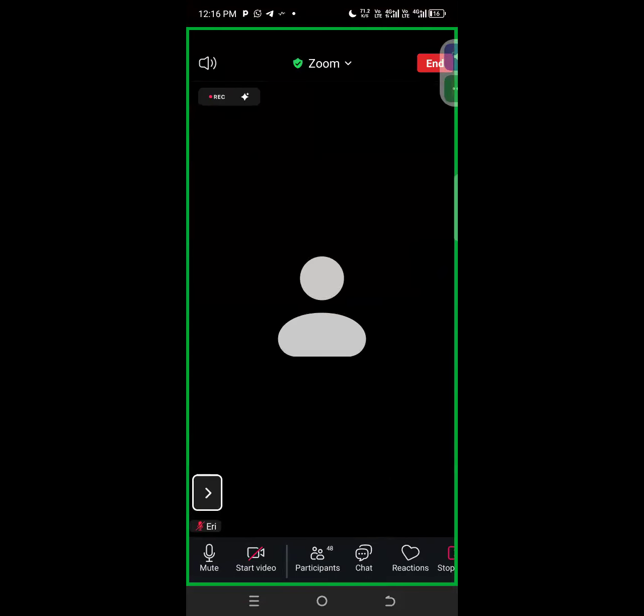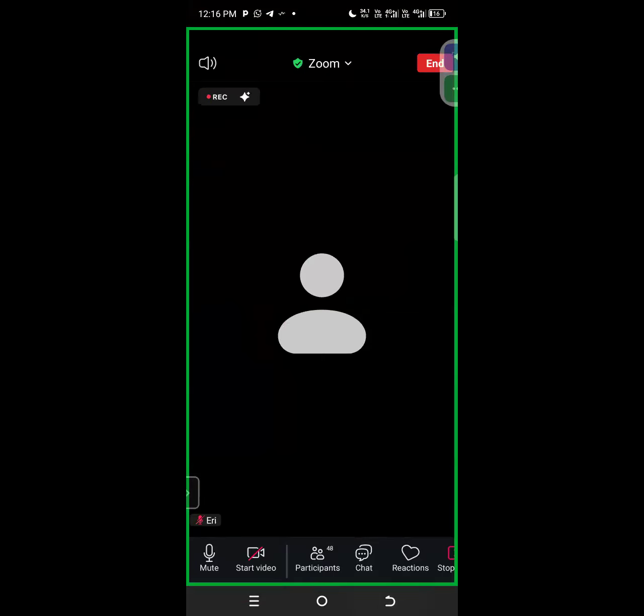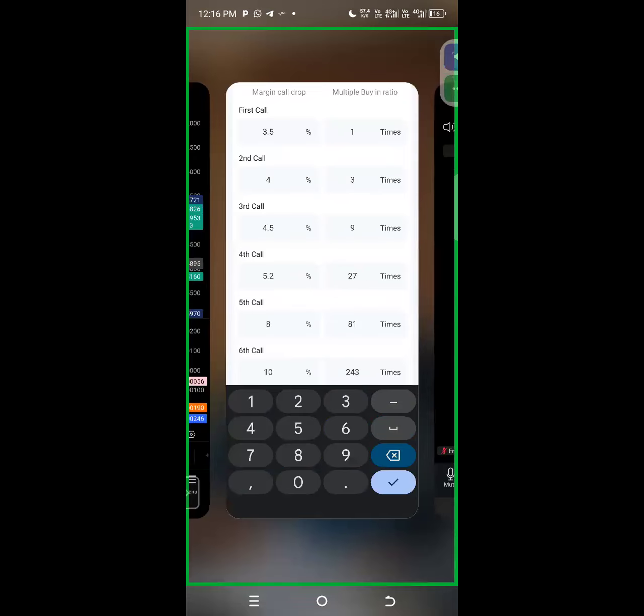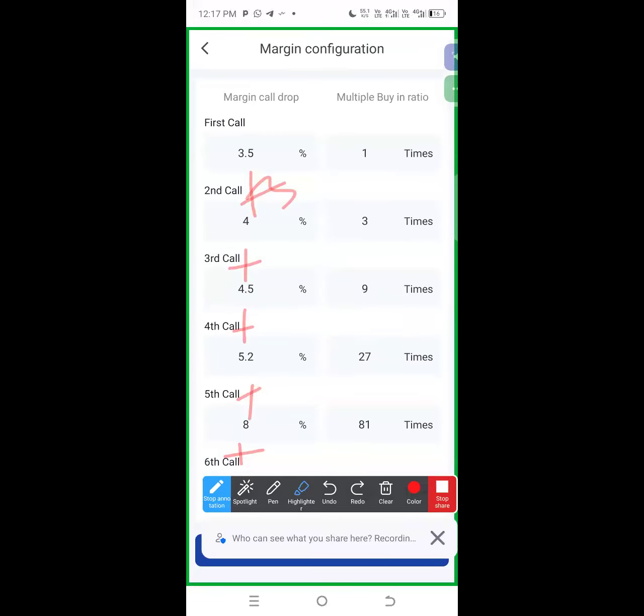Do the calculation and let's see. I'm waiting for you. Are you doing it? So 3.5 plus 4 plus 4.5 plus 2 plus 5.2 plus 8 plus 10.